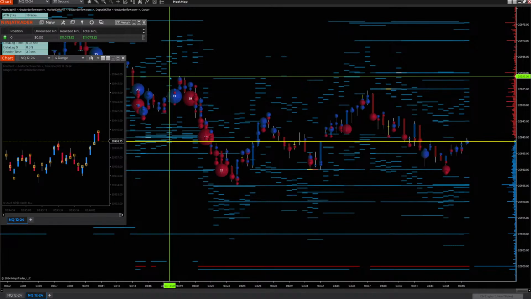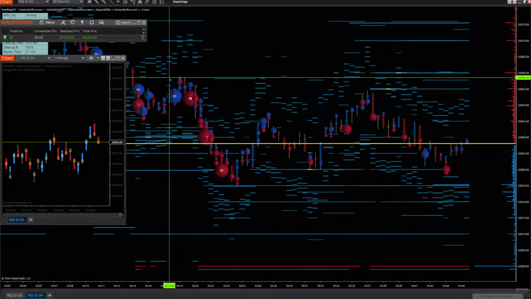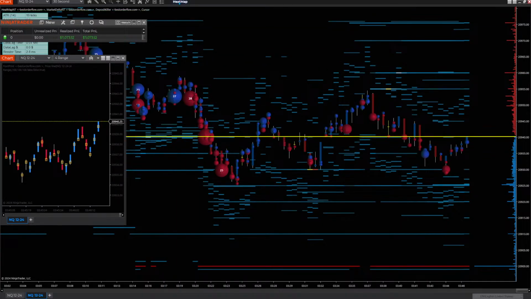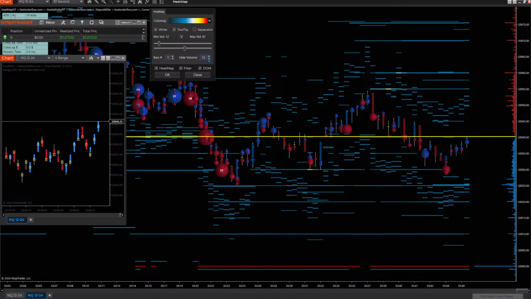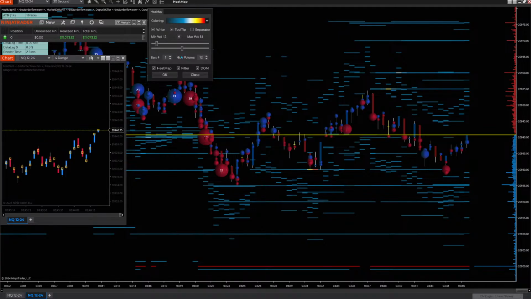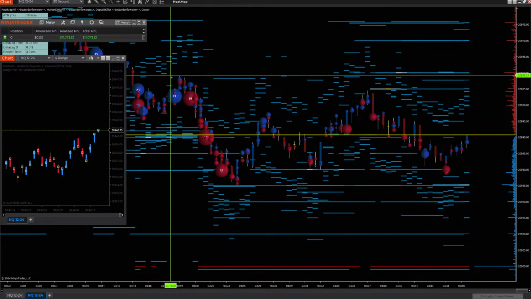Boom. That's what most people see on the heat map that is cluttered on bookmap.com. It's not really removed. Minimum volume 12, and I'm going to do it like this.